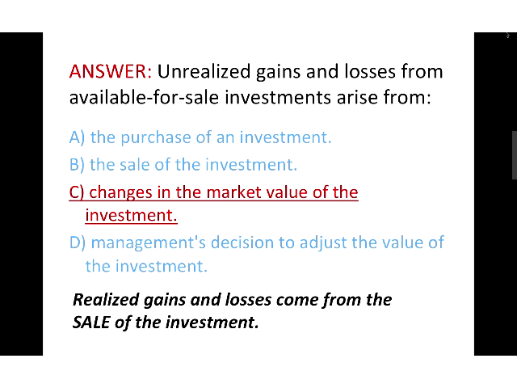D is not the answer because management's intent to hold or not tells us we need to adjust, but management doesn't make the decision to adjust. That adjustment's done automatically based on market value if this is an available for sale security. So changes in the market value, unrealized gains and losses arise from that.